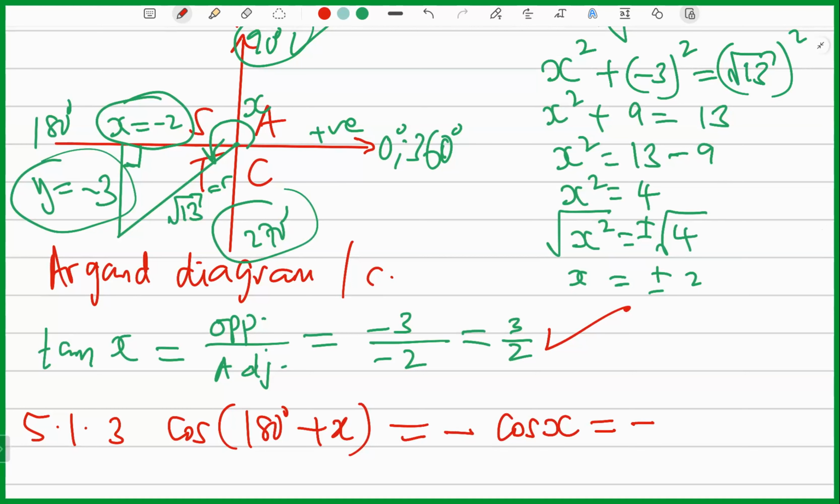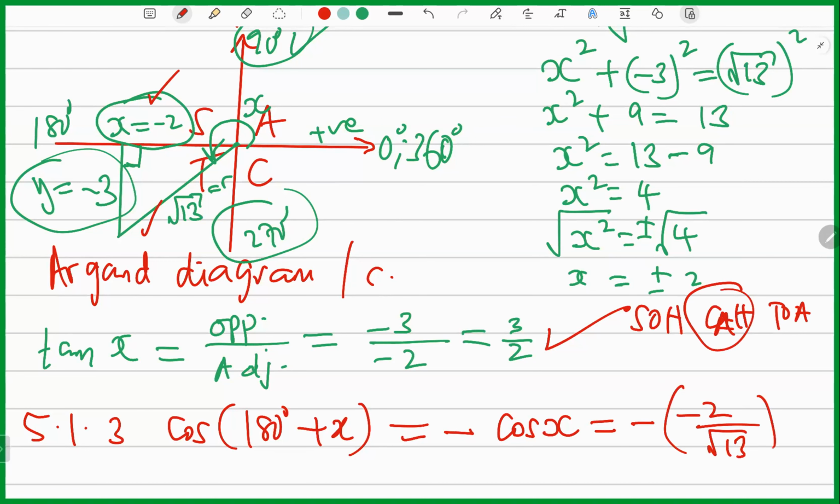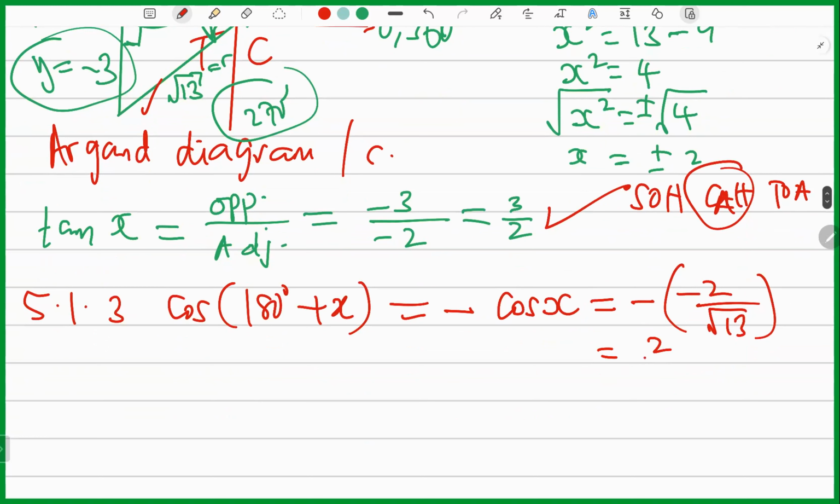Using SOHCAHTOA, cosine is adjacent over hypotenuse. The adjacent is -2 and the hypotenuse is the square root of 13, and therefore the result becomes 2 over the square root of 13.